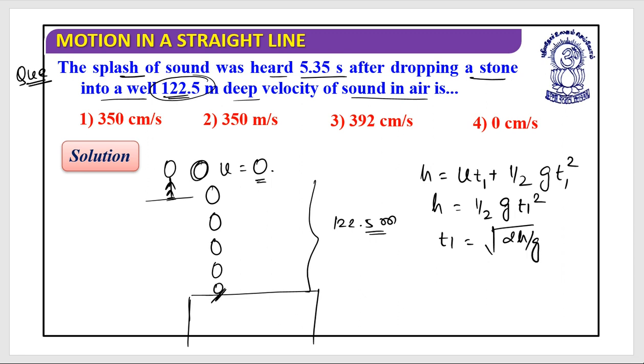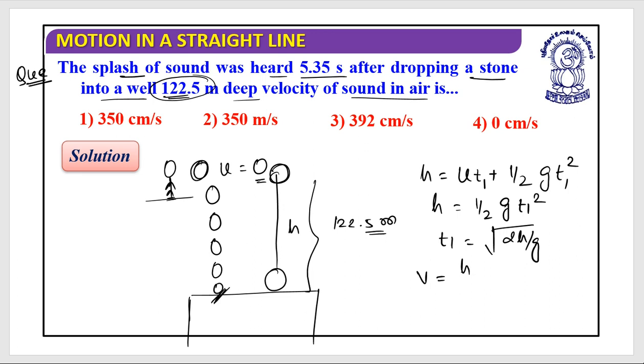As soon as the stone strikes the water of the well, a splash is developed, and this moves in the upward direction, and I am going to hear the splash. So I can write: velocity is equal to speed, which is basically distance by time.